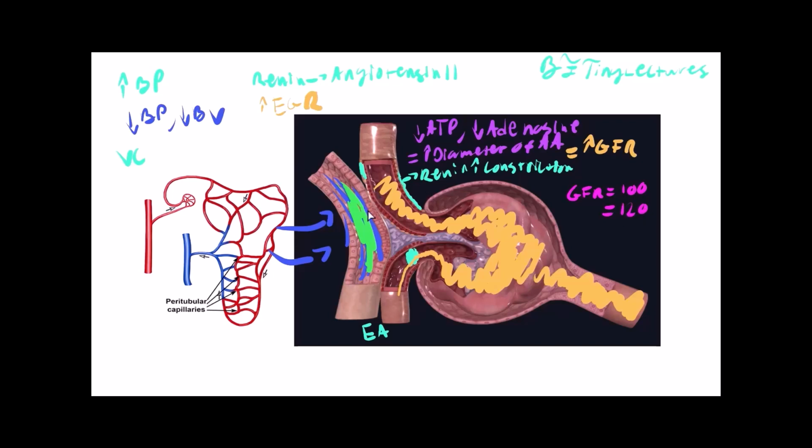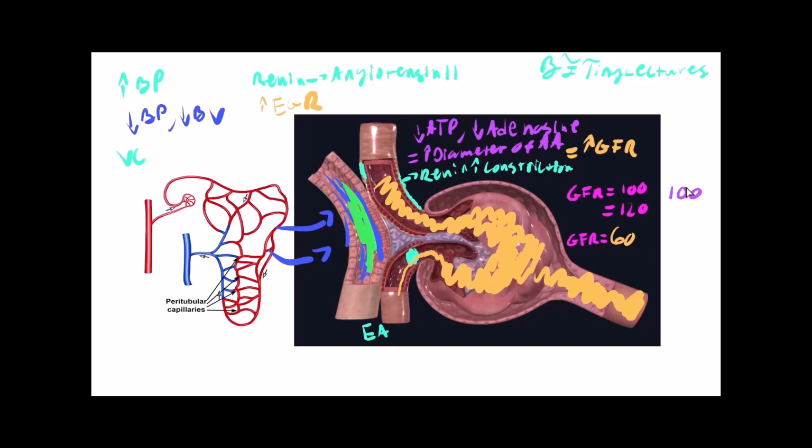So we decreased the GFR by constricting the afferent arteriole, and that allows the GFR to go down to, let's say, 60. But when we use renin and angiotensin II, we're going to be increasing the GFR. But that only increases the GFR back to 100. So we go back to baseline.